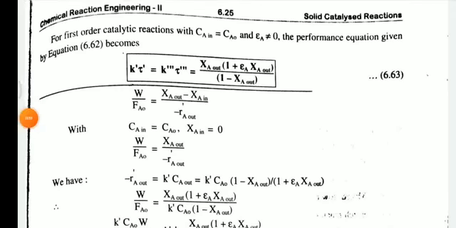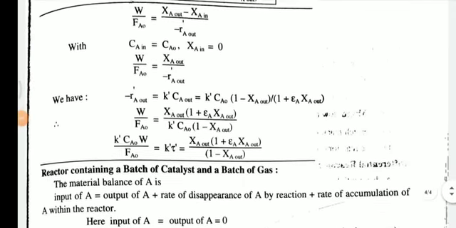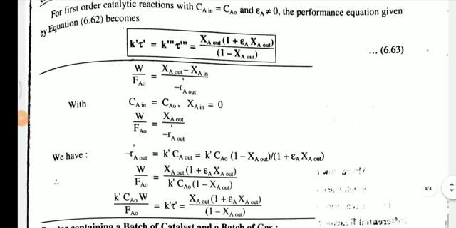So this calculation is given here. The calculation is that W by Fa0 is equal to Xa out minus Xa in by Ra dash out. Now in place of Ca we put Ca0 and in place of Xa in we put 0, so the above equation becomes like this, because we have to look at a catalytic first order reaction. So the remaining term: W by Fa0, Xa in we have taken 0, so that becomes 0.